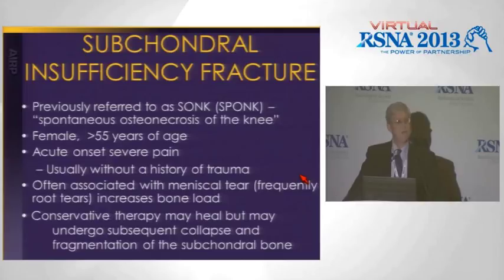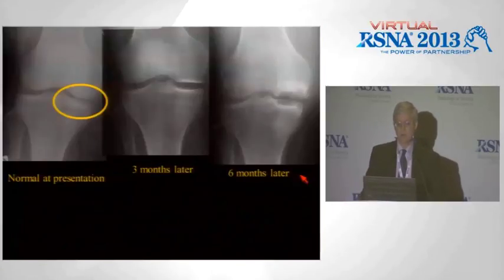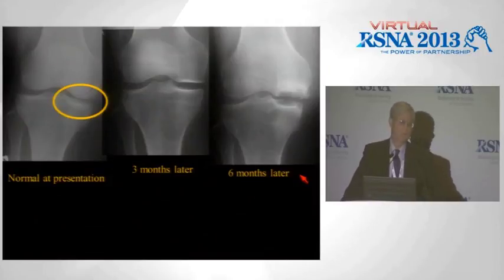They tend to occur in women older than 55, acute, abrupt onset of pain. These may well heal with conservative therapy, but sometimes they will truly go on to collapse. And here is a very unfortunate case where that happened. Initially, the x-ray looked normal. 3 months later, you can see that flat articular surface. There is a reason tires are round, correct? They work better that way.